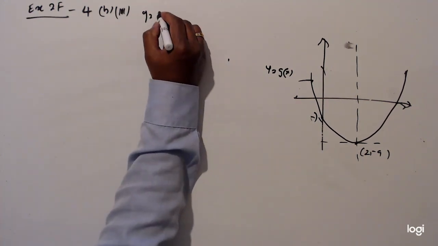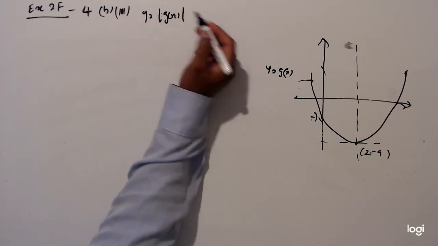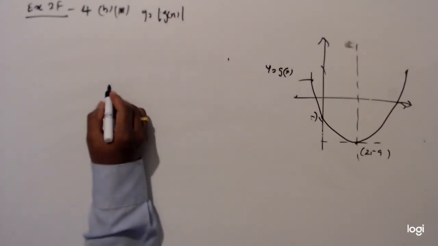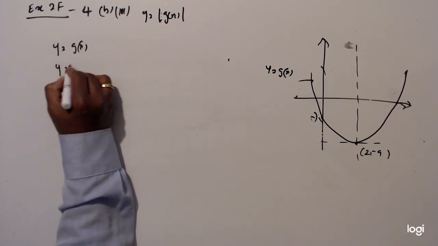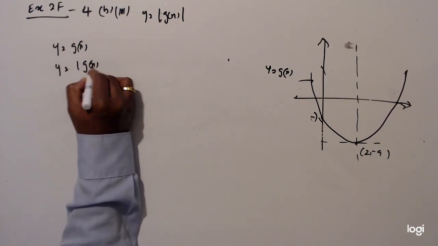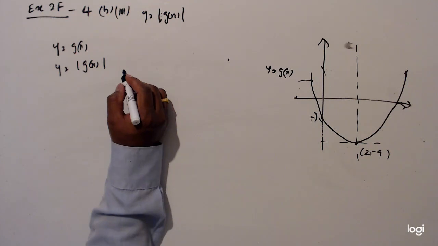Y = |g(x)|. So y = g(x), then y = |g(x)|. So what will happen here?